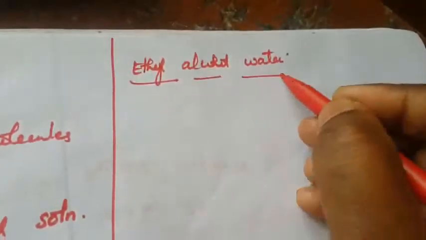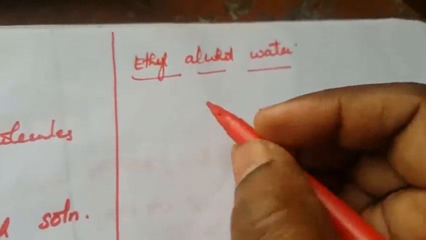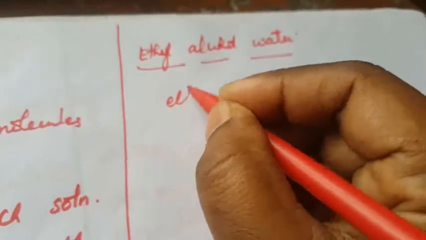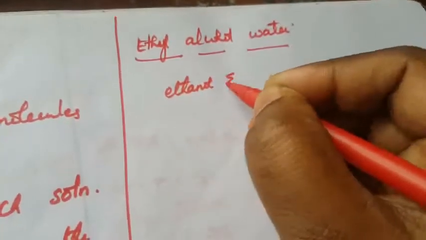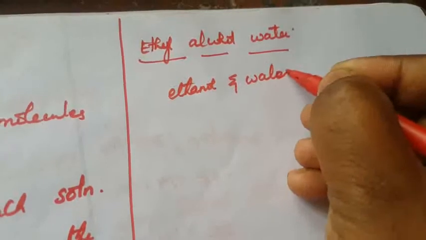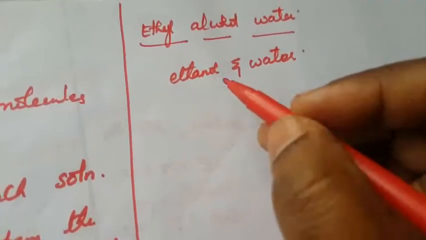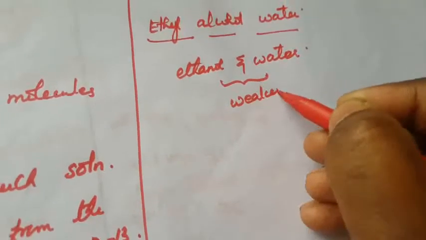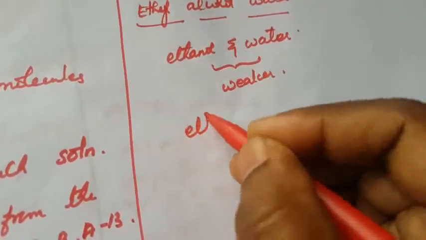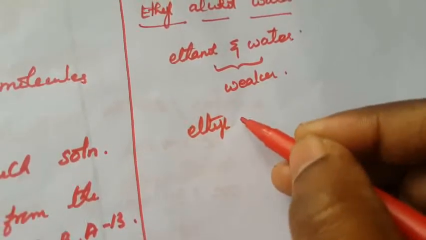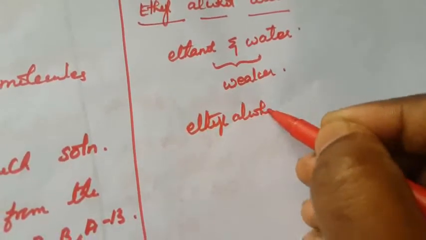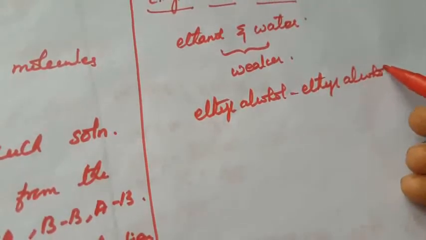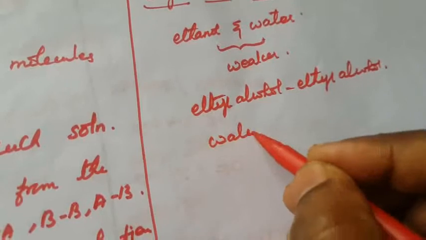So in this solution, the hydrogen bonding interaction between ethanol and water is weaker. The bond is a weaker bond when compared to the ethyl alcohol and ethyl alcohol interaction, and the ethyl alcohol and water interaction.